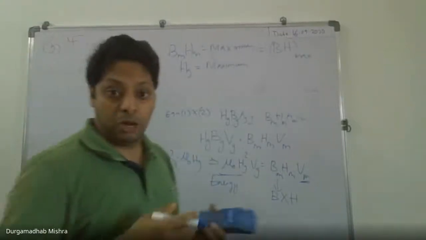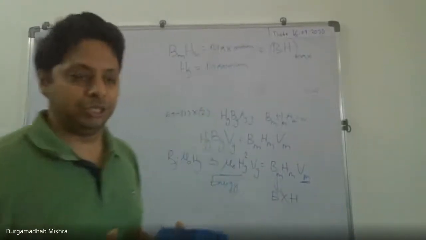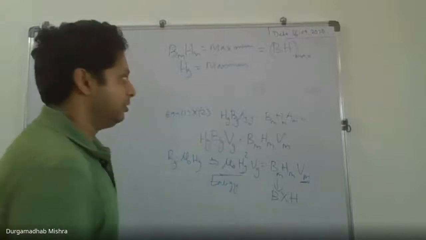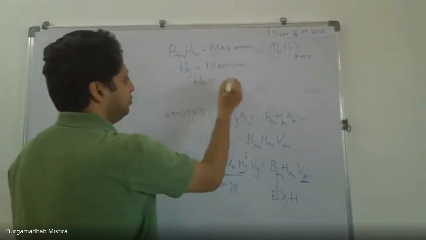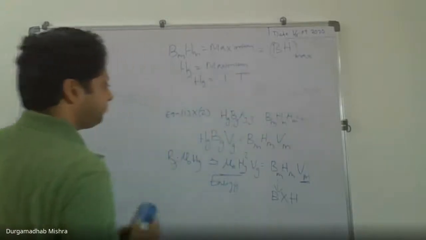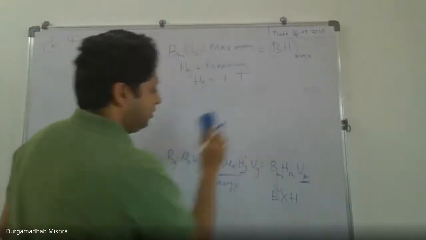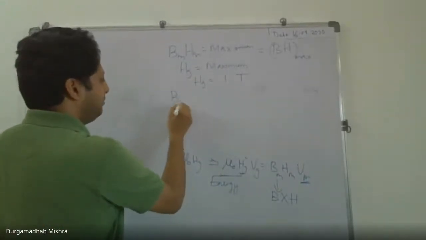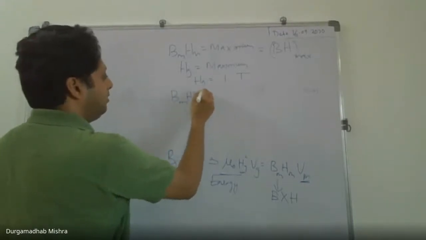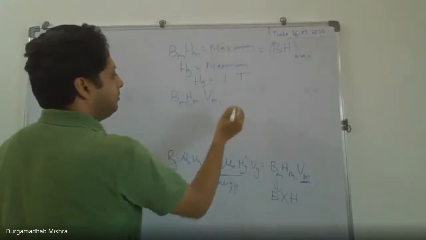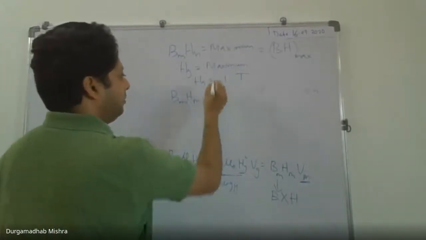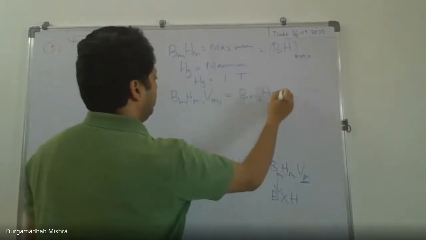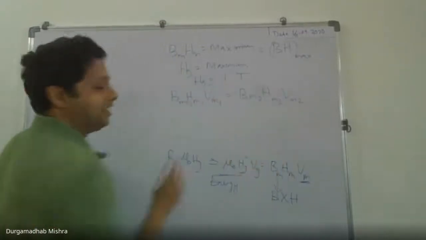So now, how does the role of material come into the picture here? If I want to produce some value of Hg, let's say Hg is equal to 1 Tesla, I take two materials: material 1, magnet 1, with Vm1 and Hm1, and both are going to produce the same one Tesla field.